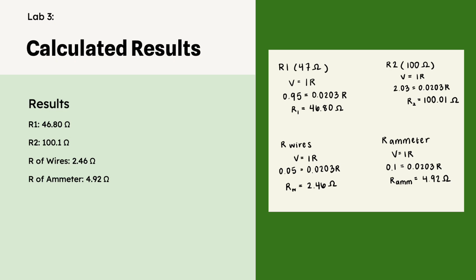We then used Ohm's law to calculate the resistance for each of the resistors, ammeter, and the wire, which came from that remaining portion. We found R1 to be 46.80 ohms, R2 100.1 ohms, the wire to be 2.46 ohms, and the ammeter to be 4.92 ohms.